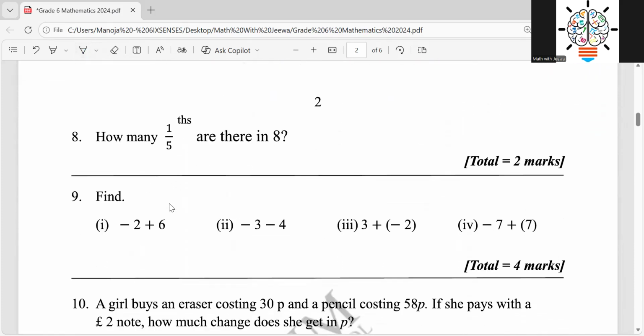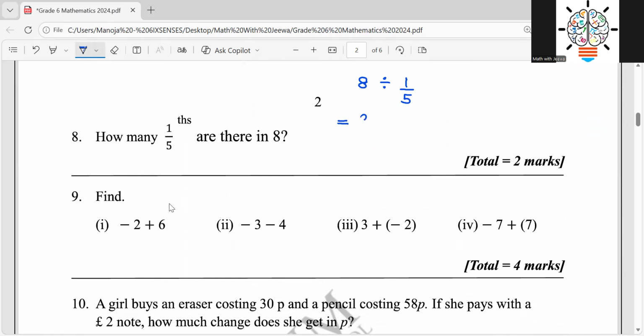How many 1/5 are there in 8? If I have 8, then I want to divide this by 1 over 5. When you have something like this, 8 I can write as a fraction, 8 over 1.